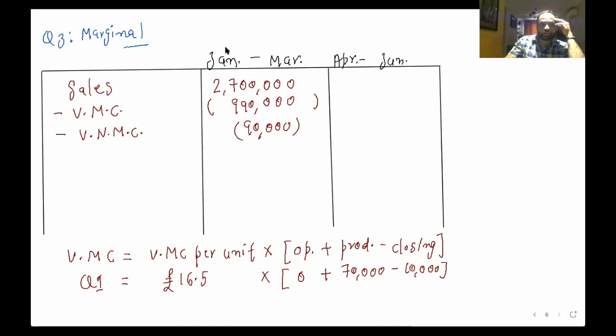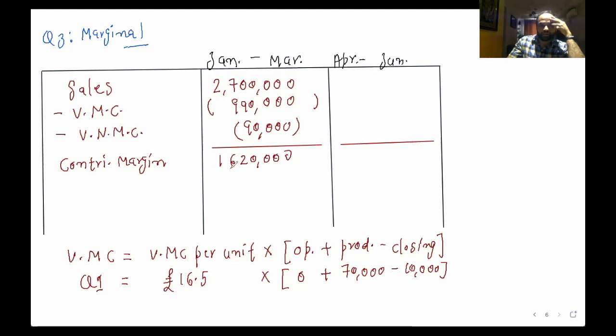So how much is your contribution margin? First quarter contribution margin is 1,620,000. All right. So minus fixed manufacturing cost.